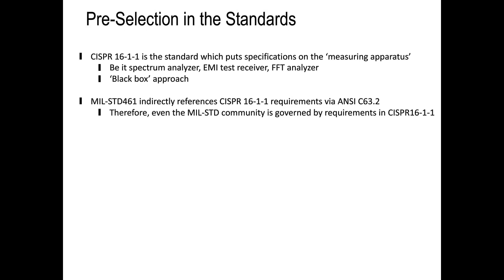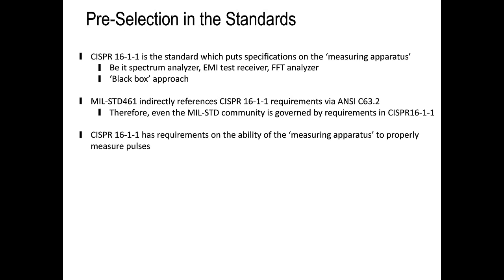I do MIL standard 461. But in reality, MIL standard 461, so our A&D folks, they indirectly reference CISPR 16-1-1 requirements via ANSI C63.2. And I don't expect anyone to remember all these standards, but I want to drive the point home that yes, pre-selection is specifically called out in the standards, and that's why I'm going to spend about just 5 minutes going over this real quickly.